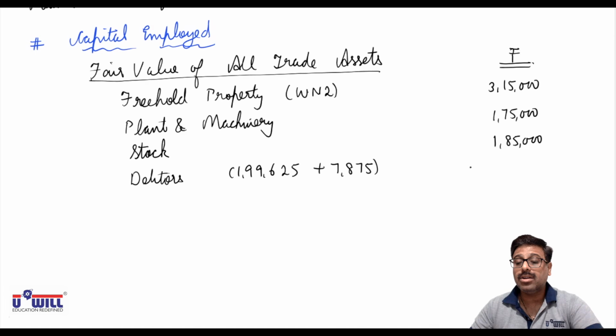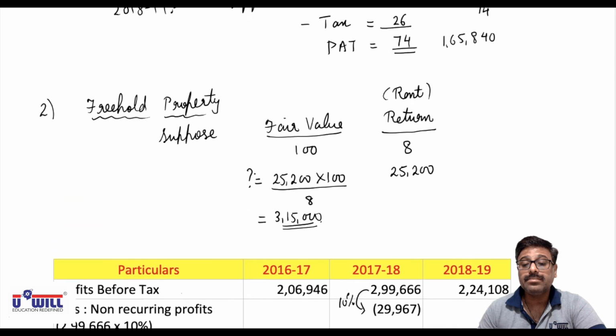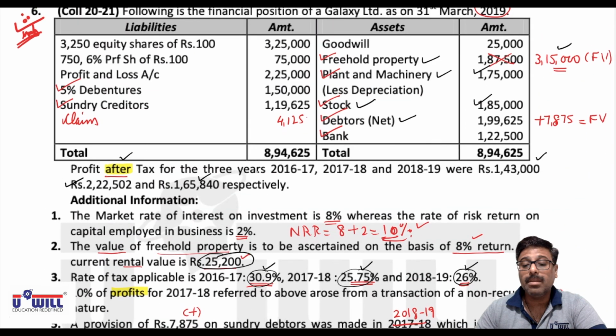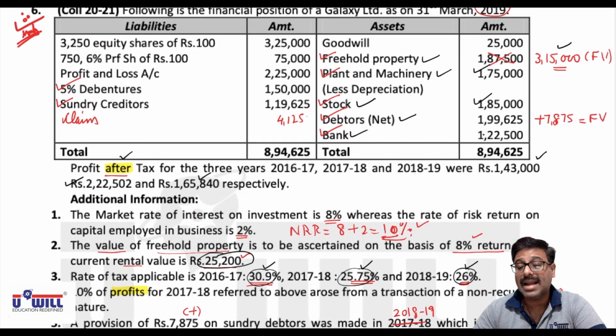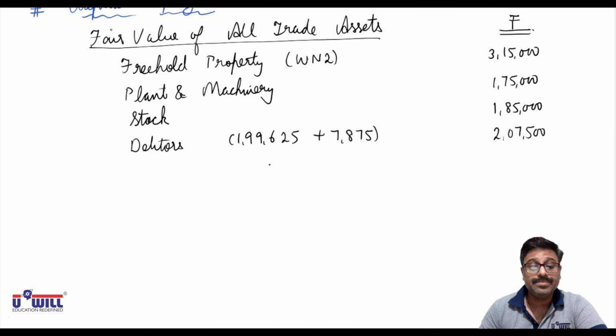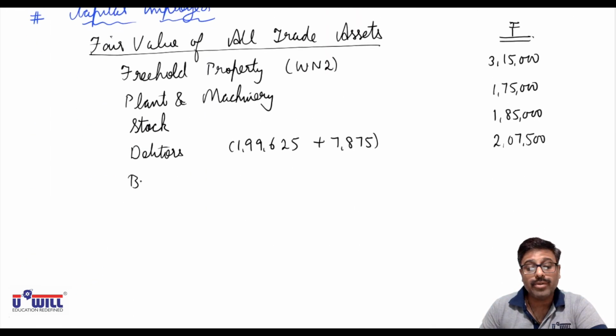Debtors we will take 2,07,500. Then bank balance of 1,22,500. So this will give us the fair value of all the trade assets.